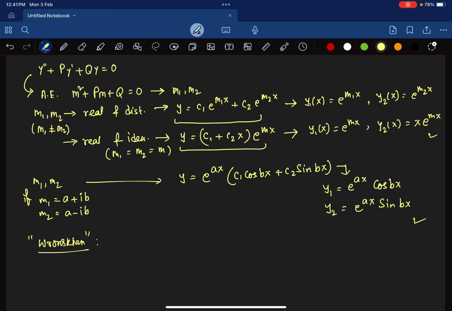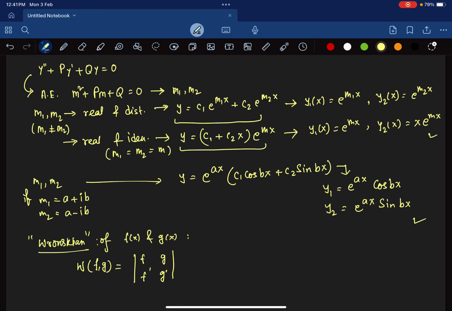Let me define it. The Wronskian of two functions f(x) and g(x) is denoted by W(f, g), that is the determinant of f, g, f dash, g dash.